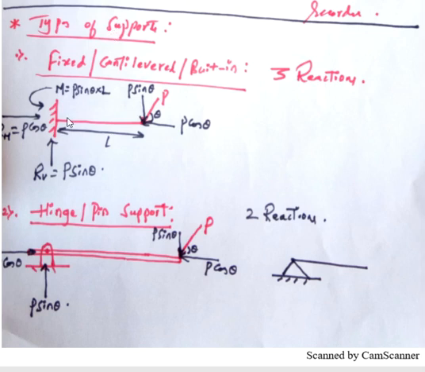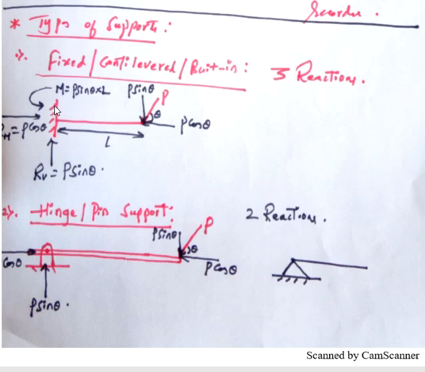Now if I consider this first example, first is a fixed support or cantilevered support, also called built-in support. Look at this diagram. This is a beam. This beam is supported at this point. That means the beam is fixed into this support. Now what is important for this support is how many reactions the support gives.